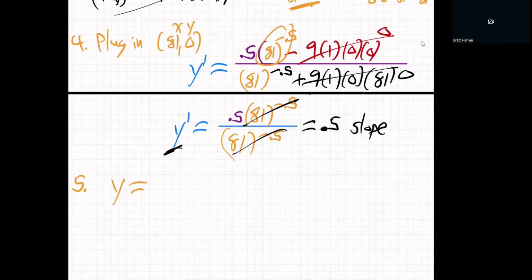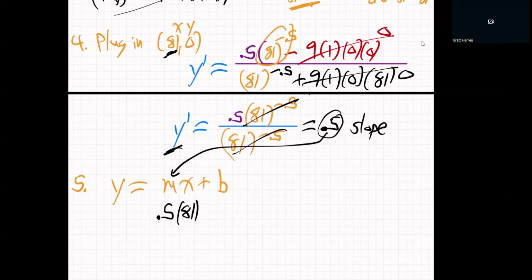So now we're going to use y equals mx plus b. And plug in the slope, 0.5 right there. X is 81. Y is 0. And we can solve for b. Half of 81 is 40.5.